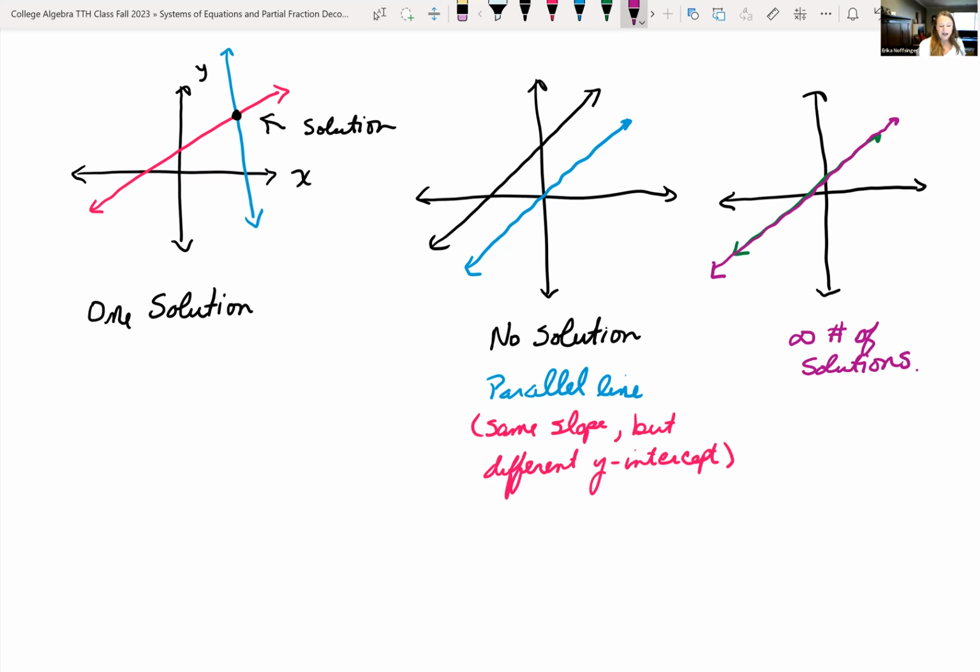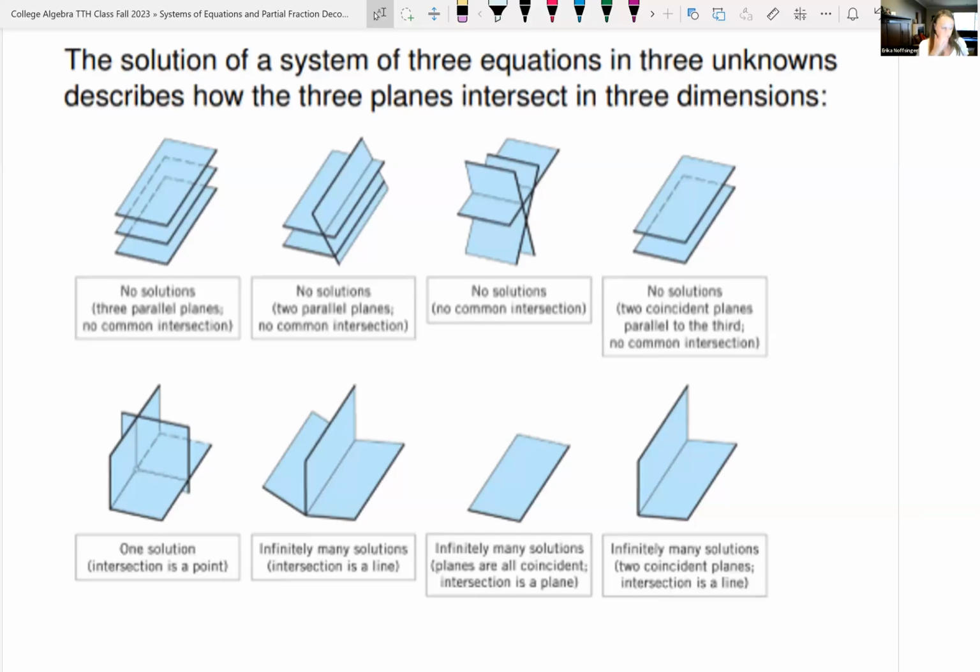If we're looking at equations that have three variables, three unknowns, then we get into 3D pictures and it's a little harder to graph. So let me just pull up some images of what could happen for you. In front of you are some images of what could be happening if we're looking at three equations and three unknowns.